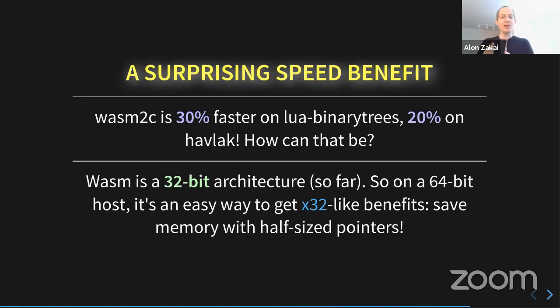Use just 4 bytes instead of 8 bytes for pointers, and that saves memory. So you're limited to 4 gigabytes of memory in that case, but if you're okay with that limit, the memory savings can be useful. And in fact, that explains what's happening. So on Lua binary trees, we actually use about 30% less memory to run, so better cache usage and so forth. So it turns out Wasm is kind of an easy way to get benefits like x32, which can help a lot in some cases.